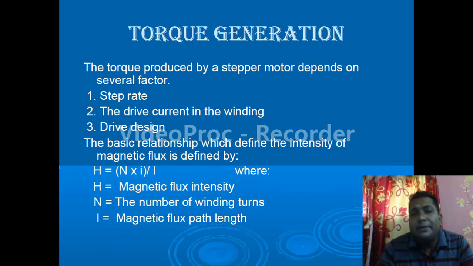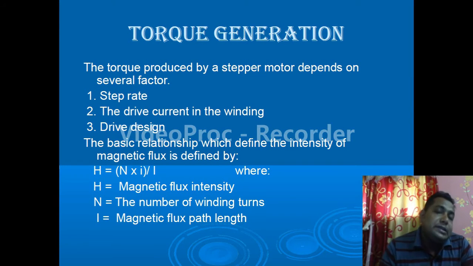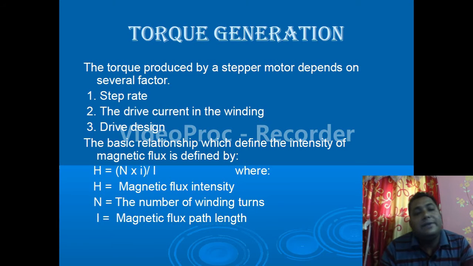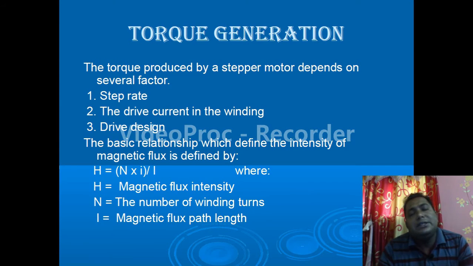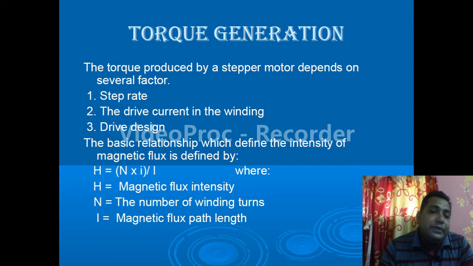Now we are coming to the torque equation. The torque developed by a stepper motor depends upon several factors. What are these factors? The step rate, the drive current in the winding, and the drive design.